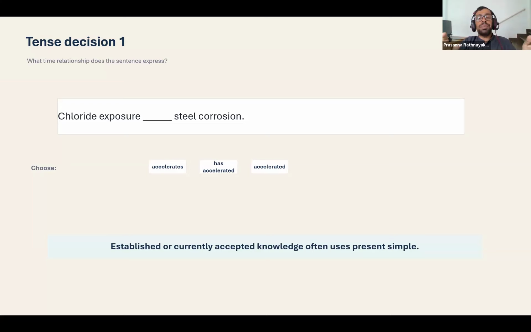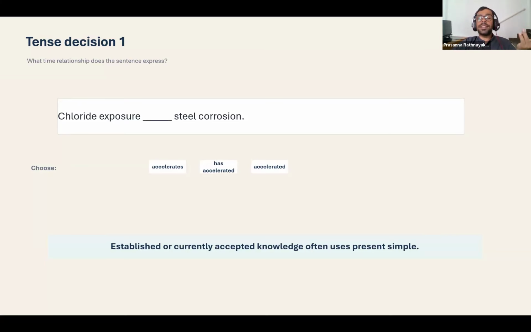Present simple is usually suitable for that, but it's a fact by now, right? If you use has accelerated, actually you create a different meaning. How? As though you are describing a historical change continuing into the present.